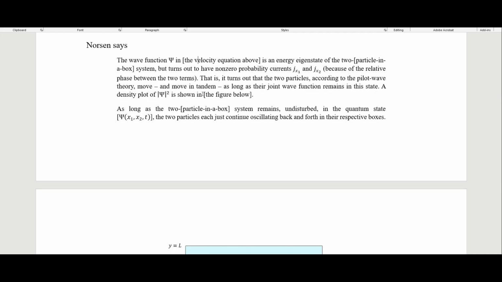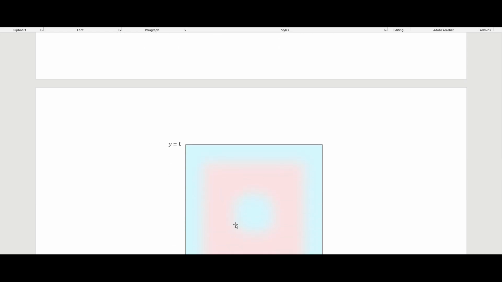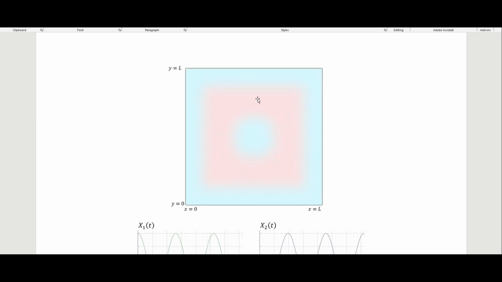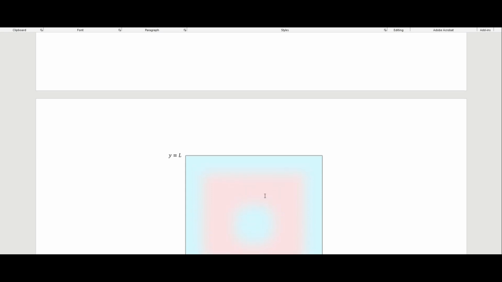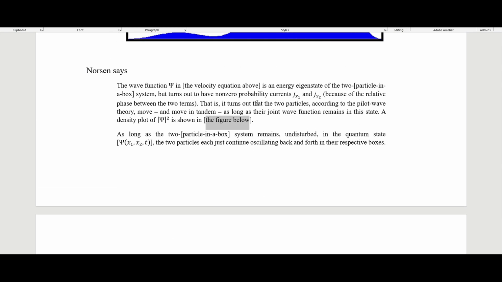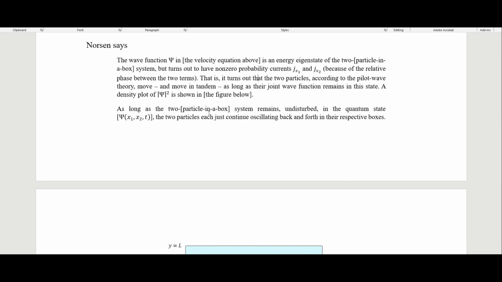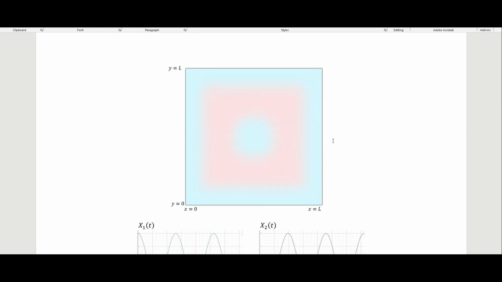A density plot is shown in the figure below, so that's what this figure is here. I've adapted this one from what he has in the book, so the one he has in the book doesn't look exactly like this, but it looks pretty much like that. So as long as the two-particle in a box system remains undisturbed in the quantum state, so this is our quantum state here, the two particles each just continue oscillating back and forth in their respective boxes. So again, this is configuration space.